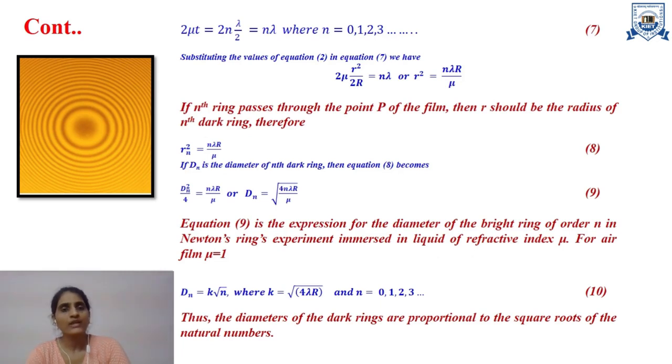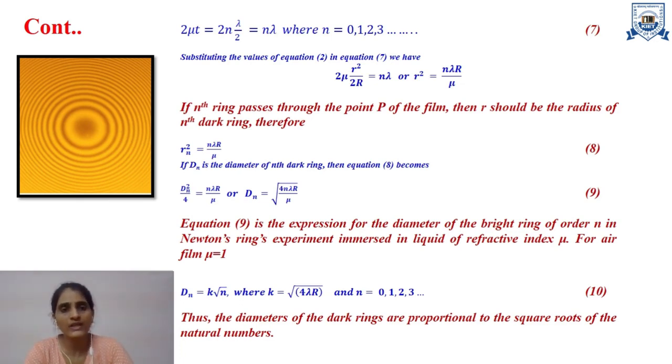In a similar way, we will calculate the diameter of dark rings, and equation 7 is the condition for destructive interference pattern, that is 2 mu t is equal to 2n lambda by 2, or I can write it as n lambda, where n starts from 0, 1, 2 and 3.